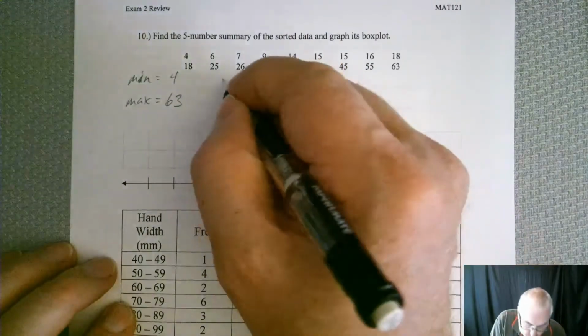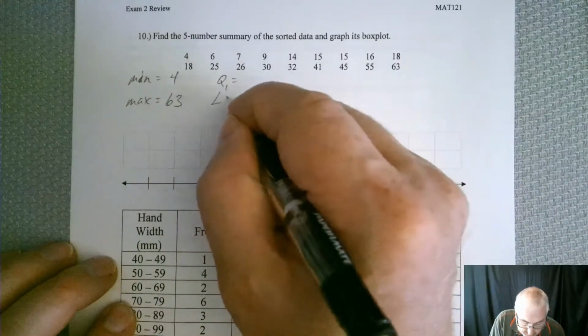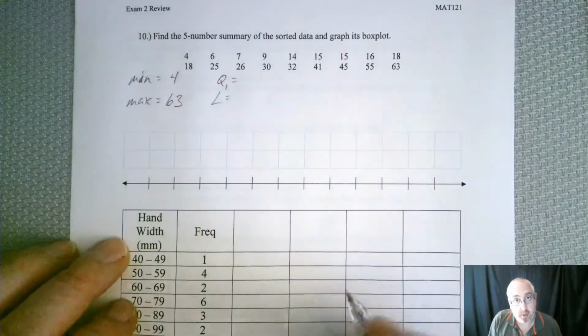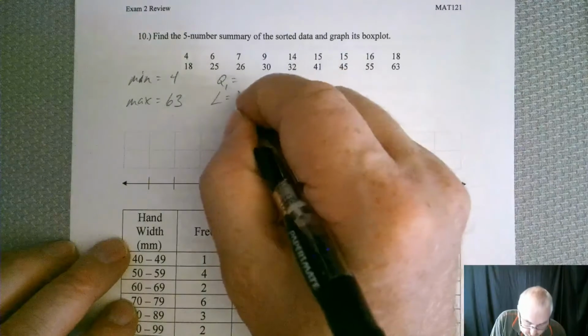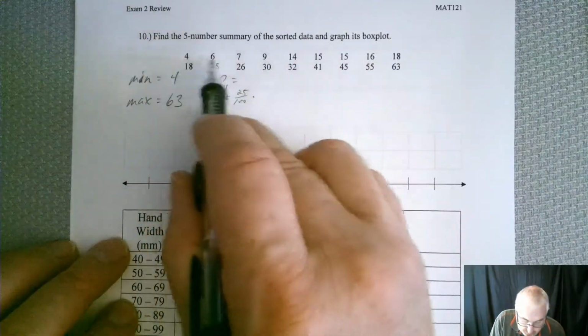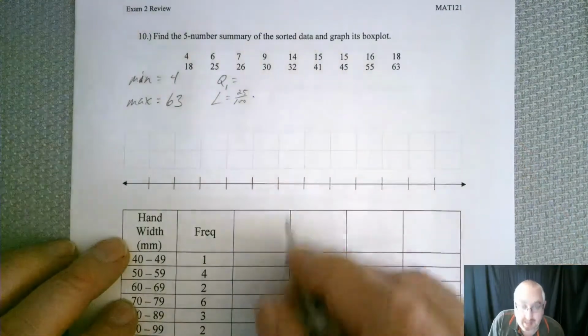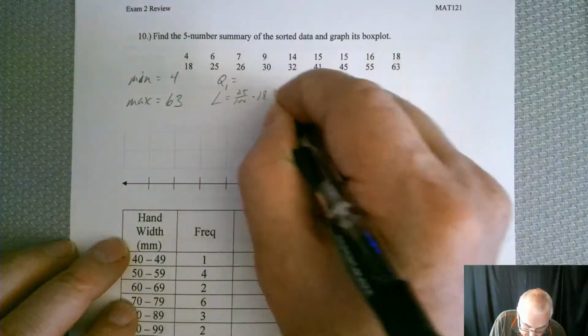Now Q1 is based off of the 25th percentile. So you're 25% of the way through the list. So you had 25 over 100 times 1, 2, 3, 4, 5, 6, 7, 8, 9, so 18. So there's 18 numbers.